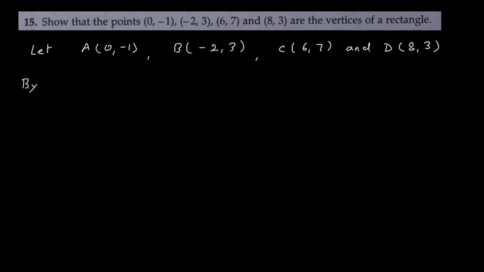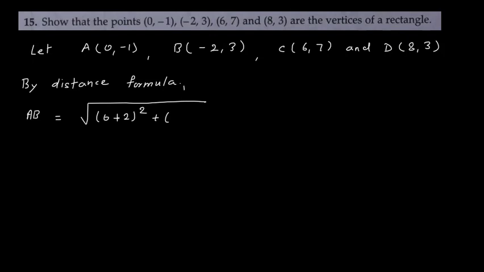So by the distance formula, distance AB is the square root of (0 plus 2) the whole square plus (-1 minus 3) the whole square, which is root of 2 to the 4 plus 4 to the 16. So this will become root of 20. This is AB.